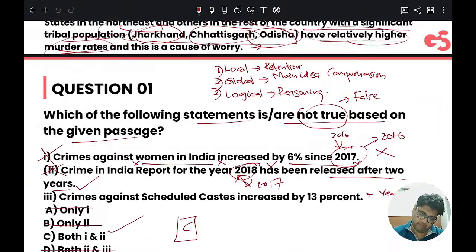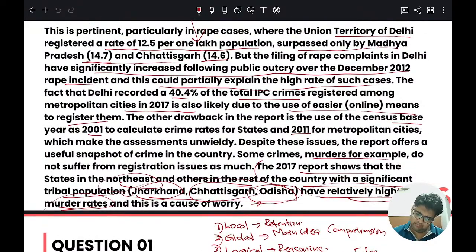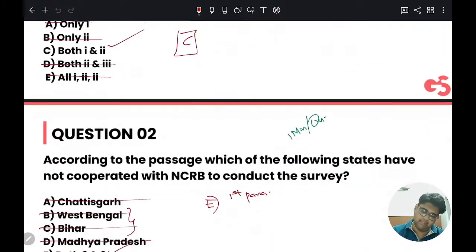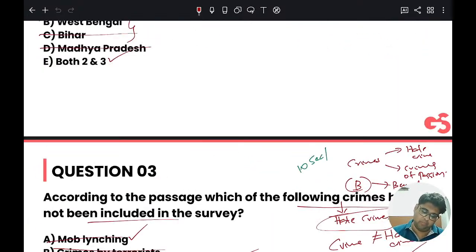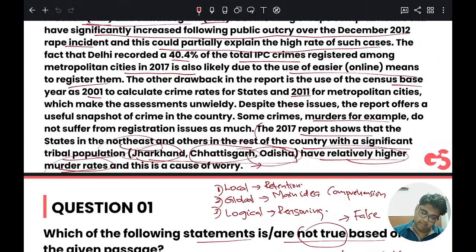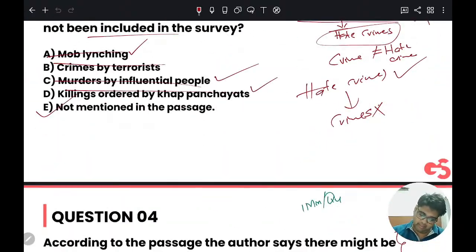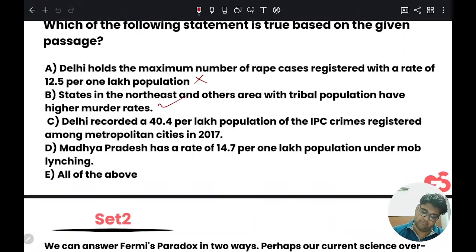Okay, let's verify it again. See, that is 45.4% only. But 40.4%. Now here the stats are a little bit confusing. 40.4 per lakh population. Now you see, 40.4% and 40.4 per lakh is different. So this is also not right.